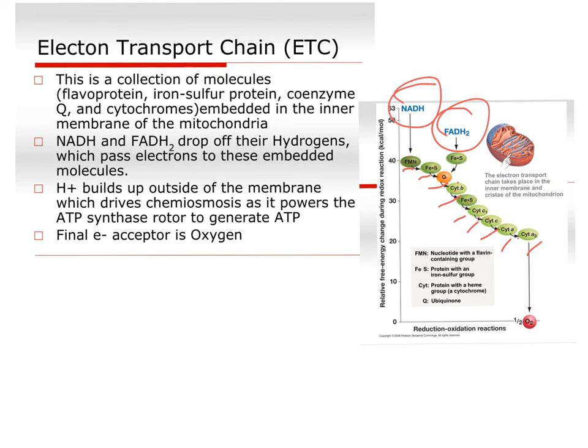And it's a transport chain. See the word transport here? So what they're going to do is they're going to pass the electrons from here to here to here to here to here. And as the electrons pass, notice this graph is showing you the energy, the free energy available in those electrons as they're passed, okay?